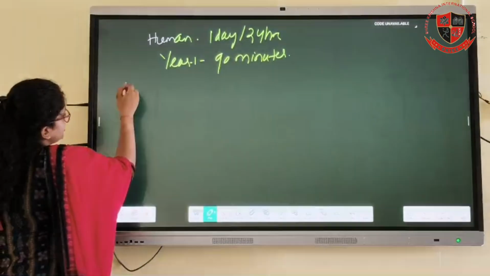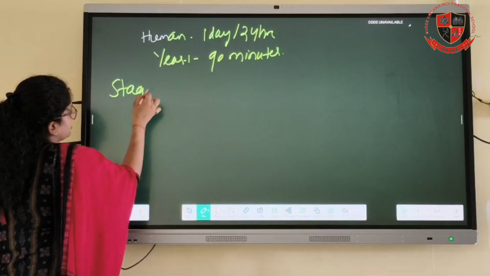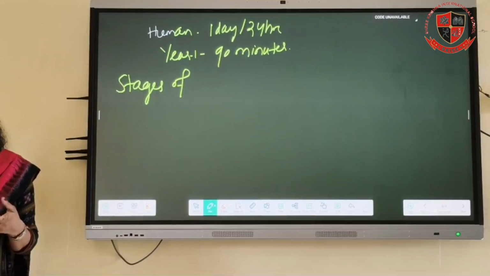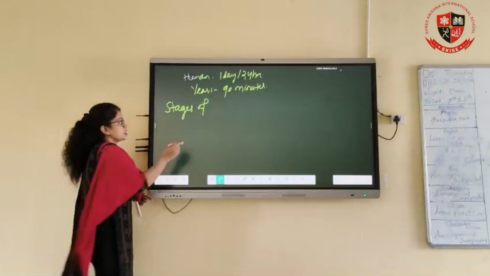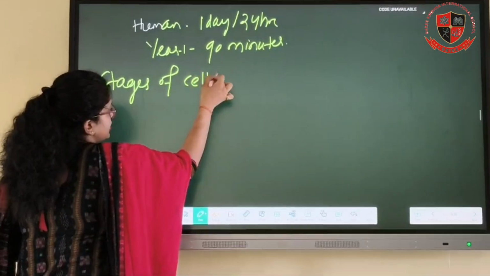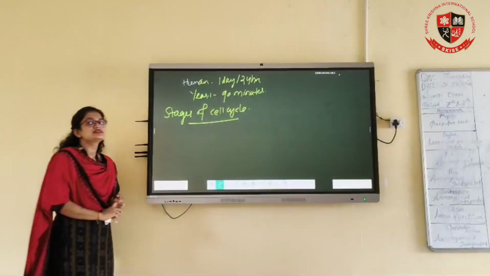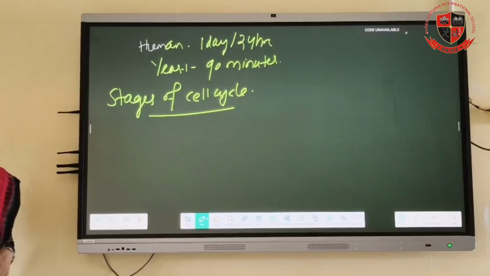Then we discuss the cell cycle. All of you clear what the cell cycle is and what events happen? Then stages of the cell cycle. There are two stages. One is interphase, another is M phase.